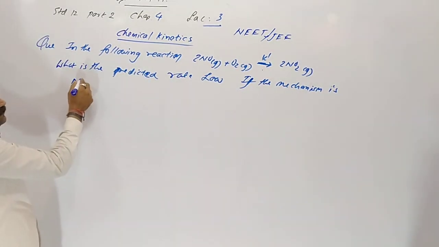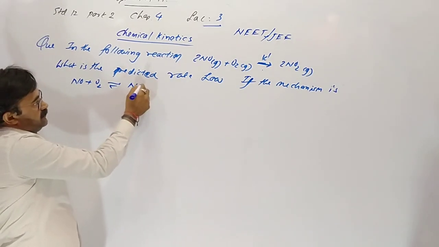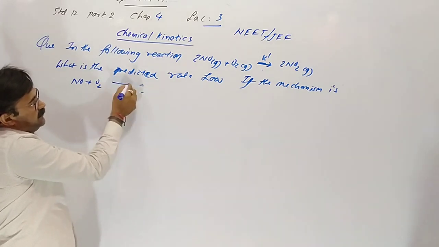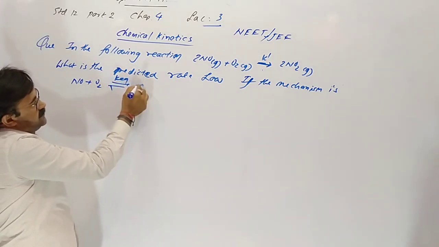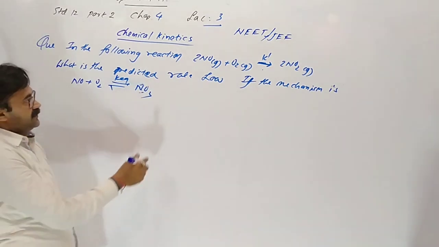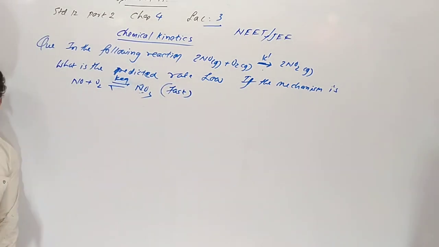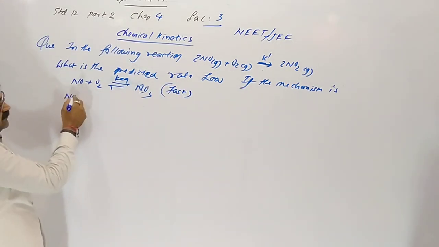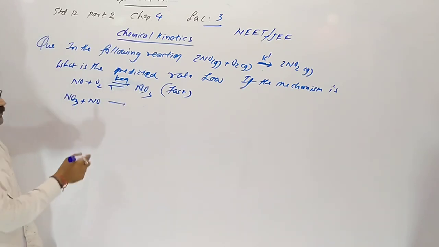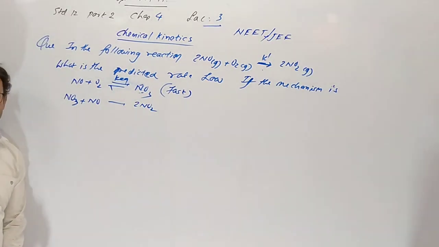NO gas plus O2 gives NO3, here K_eq means equilibrium constant for NO3. This step is fast. Now NO3 reacts with NO and gives 2 NO2, one oxygen comes here, NO2 plus NO2.